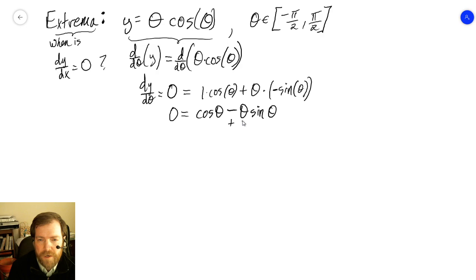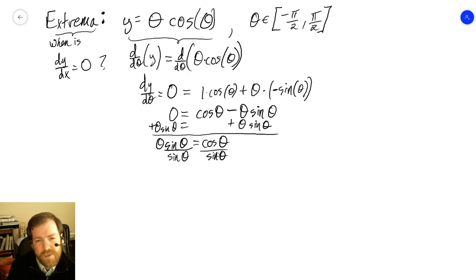All right, so let's add theta sine theta to both sides, and then divide both sides by the sine of theta. This is implicitly defined, so it's not really going to work a whole lot, but theta is equal to the cotangent of theta.